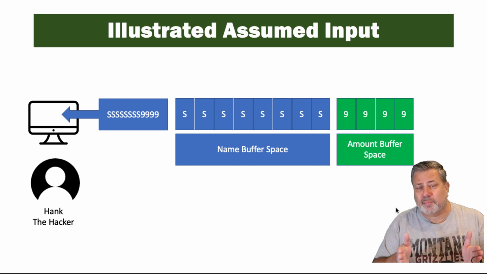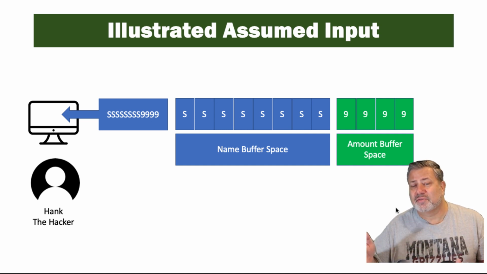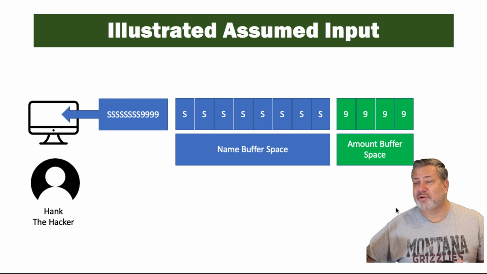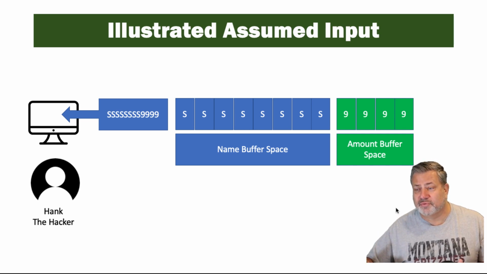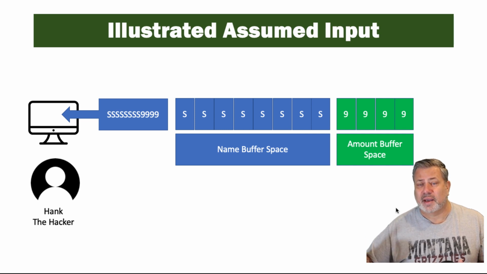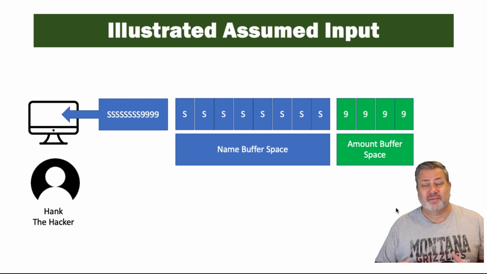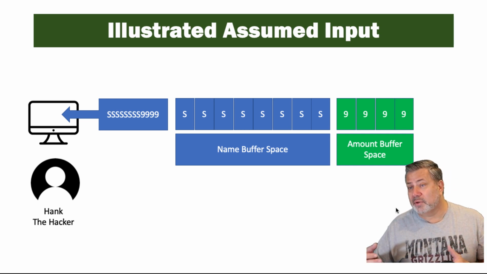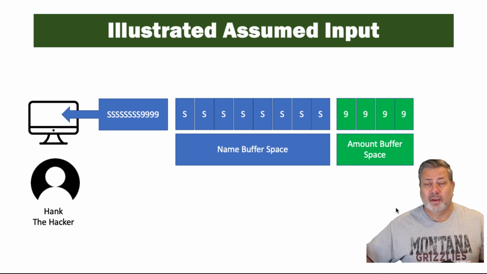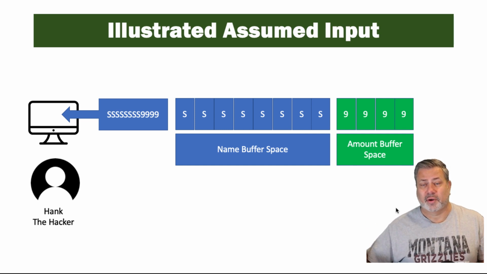So Hank fills it with S's and then adds 9s to fill the amount buffer, and now he's changed it from 10 to 9,999. Maybe that was a discount or a refund, or in some cases the ability to create an administrator account on the system.